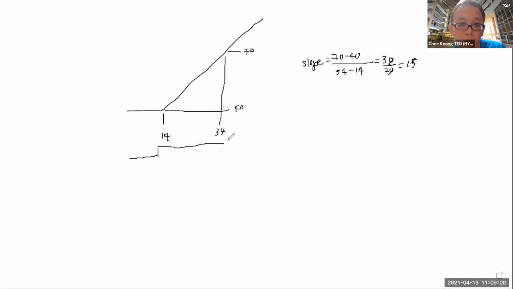So the gain KPI is actually slope divided by input change. Input change is 68 minus 60, so it's 8. So it's 1.5 divided by 8, which gives you about 0.1875. So there's the first slope, right?